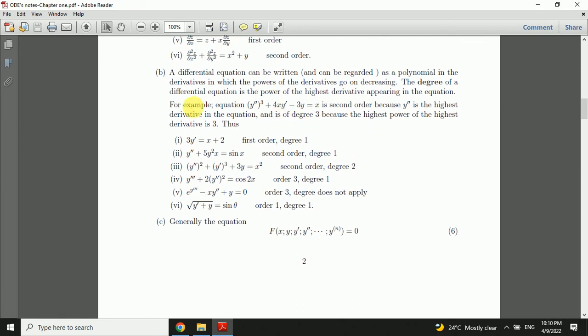Okay, then we have another nice property. Let's see what it says. A differential equation can be written as a polynomial in the derivatives in which the powers of the derivatives go on decreasing.